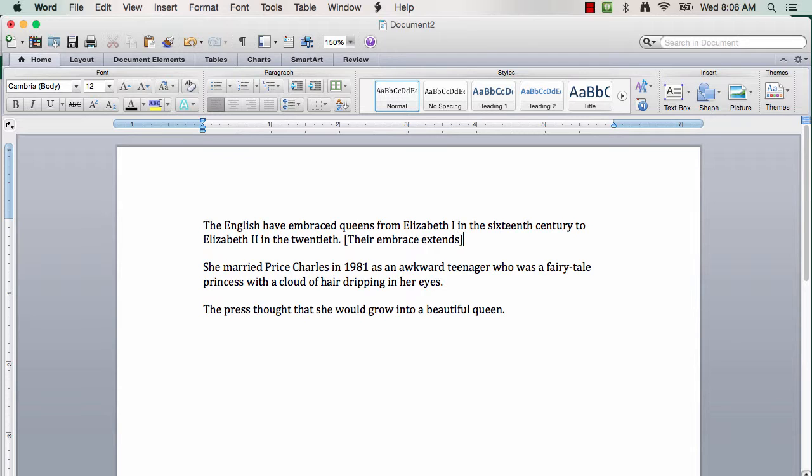Then, in the next sentence set, the next sentence is number 3, and nothing has to happen to that. So in 4, 5, and 6, I wrote, she married Prince Charles in 1981 as an awkward teenager who was a fairy tale princess with a cloud of hair dripping in her eyes.